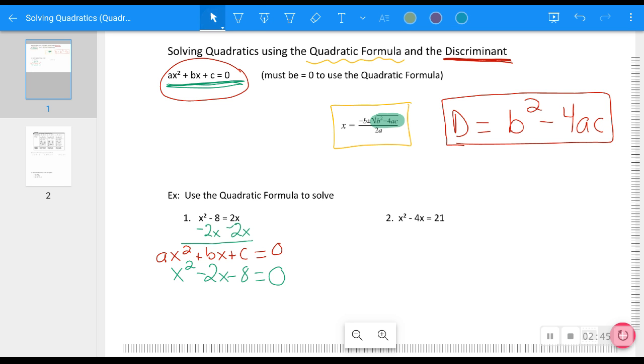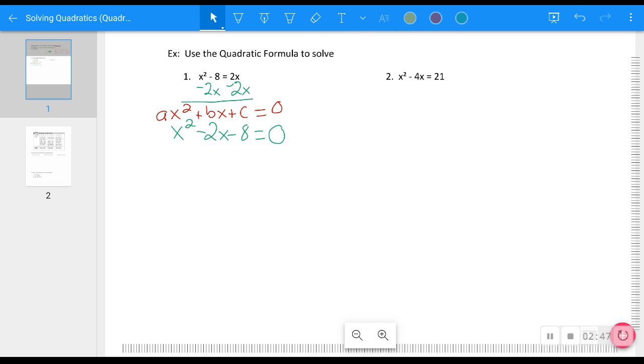I wrote that right above it so it's easy to identify our three variables. In order to find the discriminant, which is D equals b squared minus 4ac, we need all three: we need to find a, b, and c.